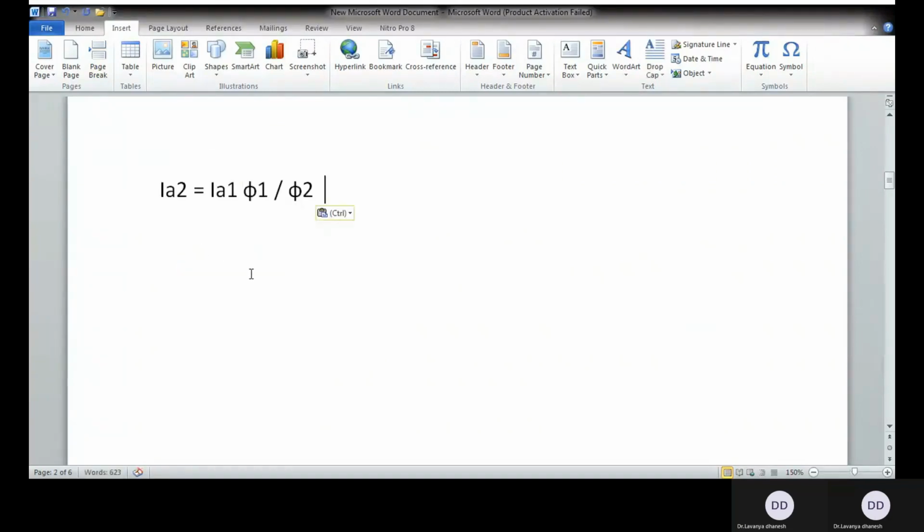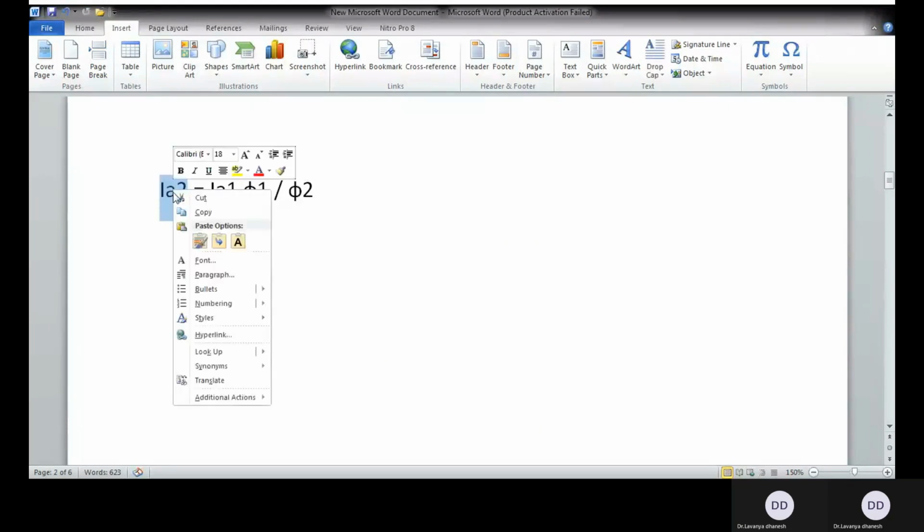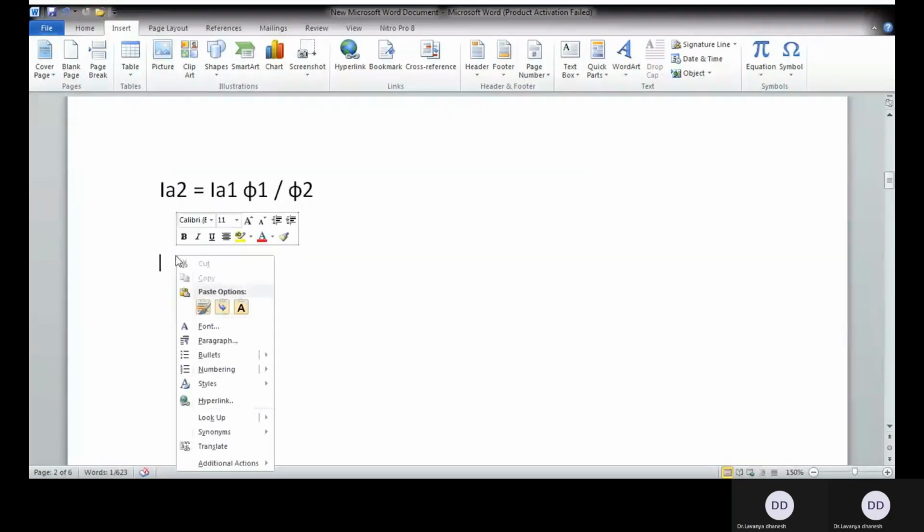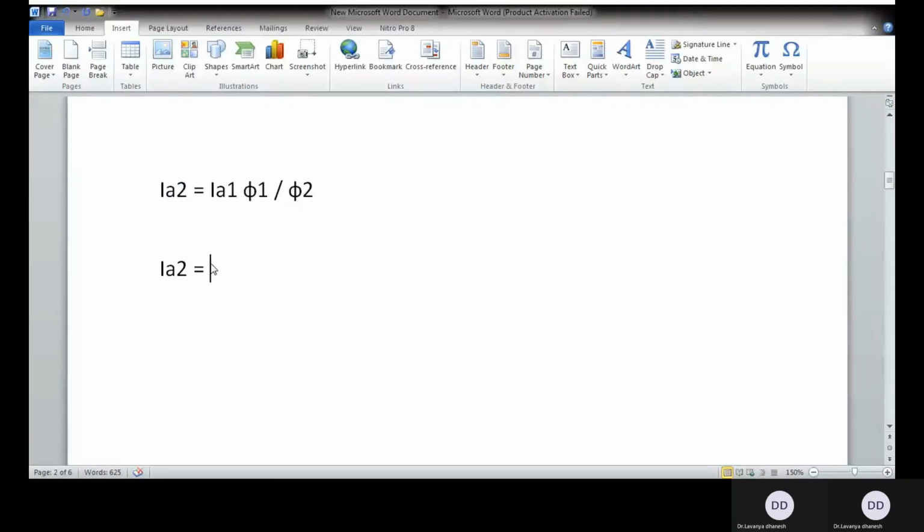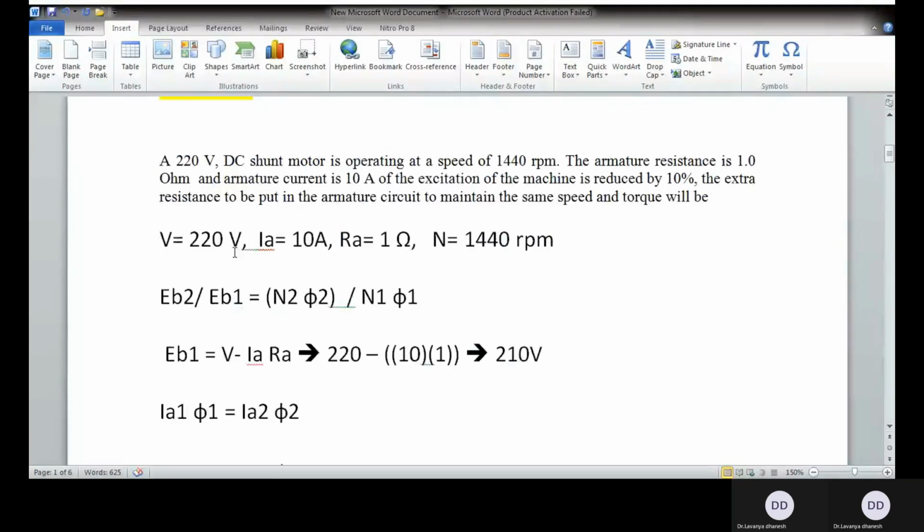Okay. So here IA2 is equal to IA1 into phi 1 by phi 2. So IA2 is equal to, what is IA1? IA1 we know. IA1 is actually 10 ampere.